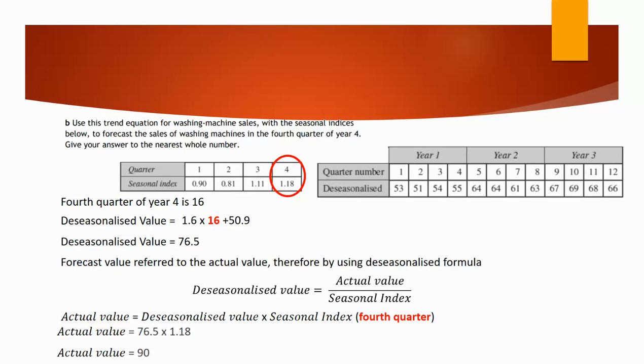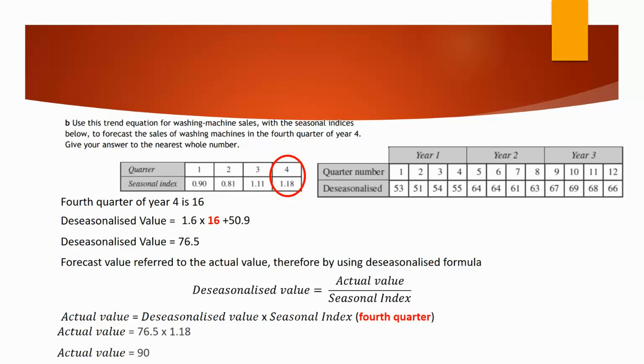So what we do, if we are predicting the near future, for example, here the fourth quarter of year 4, year 4 is near future to year 3, or near the actual values. Therefore, this actual value 90 is reliable.